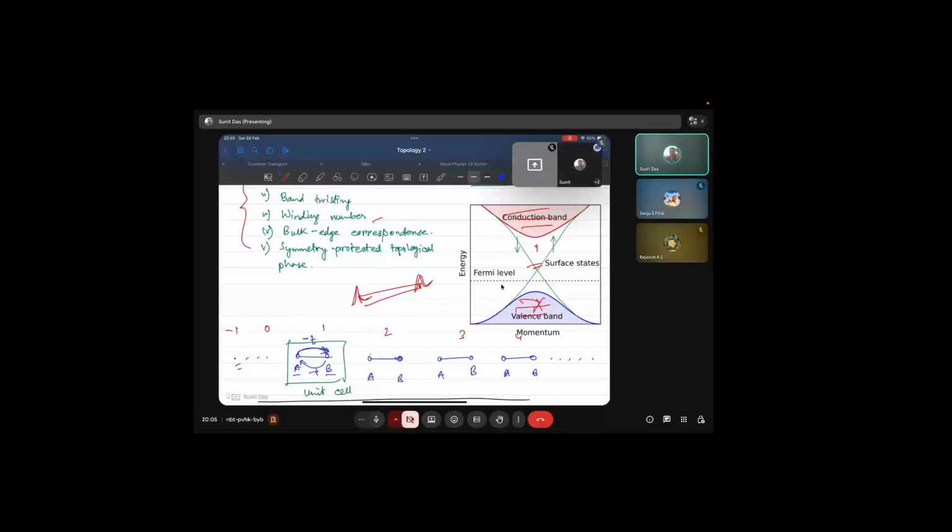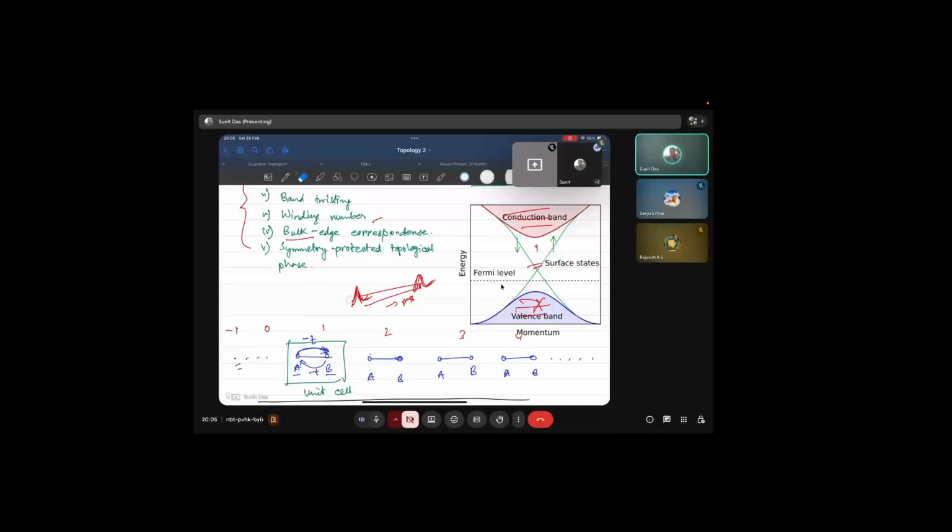In this scenario, something happens in the bulk with the wave function, so that a topological invariant called the winding number is finite, and that reflects the fact that if you take a finite geometry and calculate the states as a function of position, you will see that there are states living at the edge or boundary of the sample.